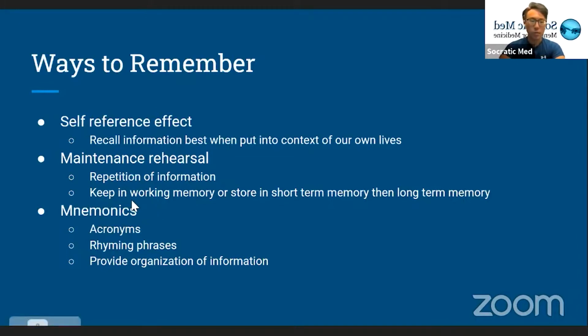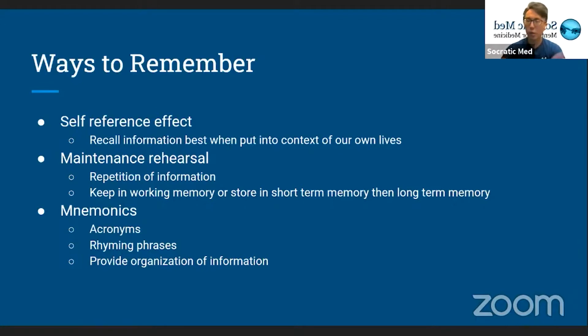Many times we'll try to use things like mnemonics that help us memorize information more easily. We'll use acronyms like LabRat, PEMDAS, stuff like that. Or we use rhyming phrases, to make it catchy so we'll remember it better.